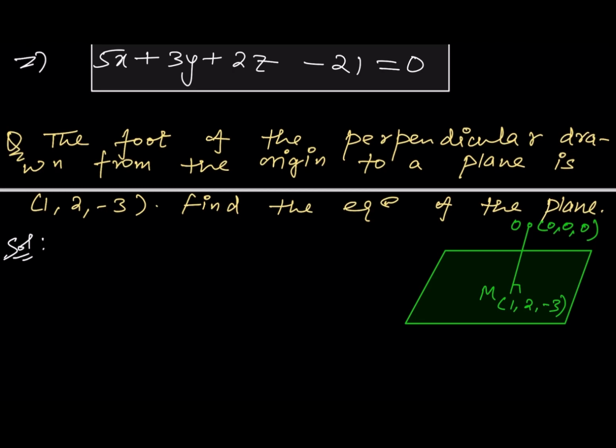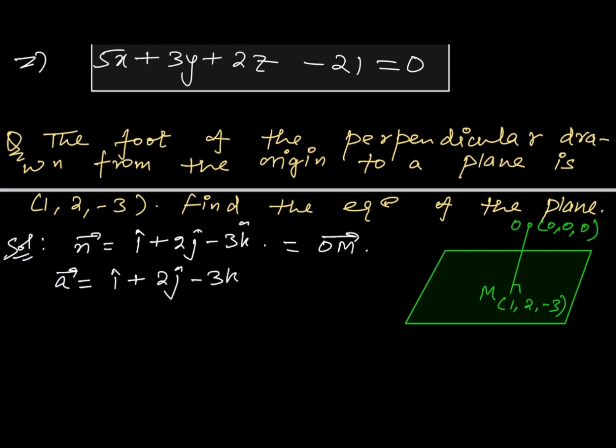So here n vector can be written as (1 minus 0) i cap, that is i cap plus 2 j cap minus 3 k cap, right? Because n vector is nothing but OM vector, and a vector is i cap plus 2 j cap minus 3 k cap. It is same as n vector.